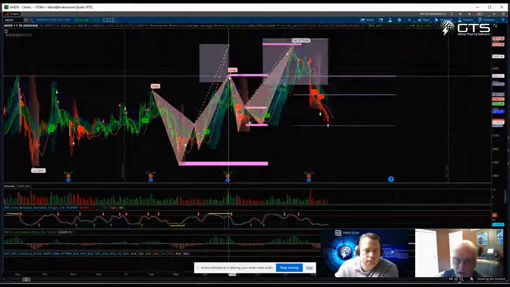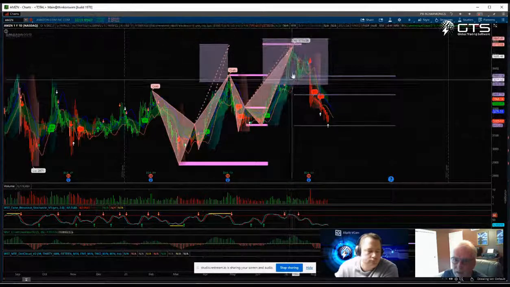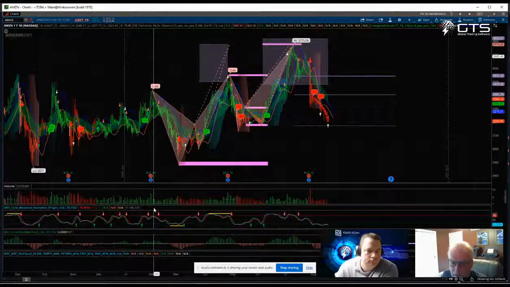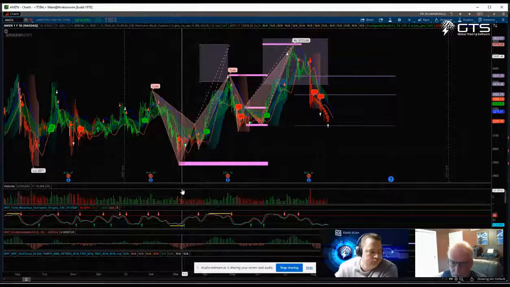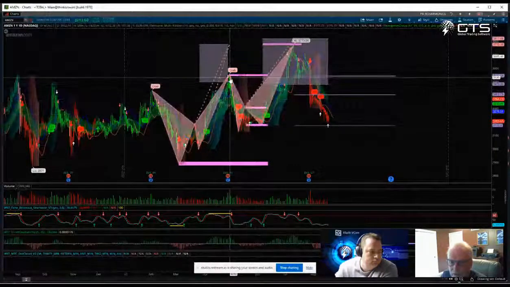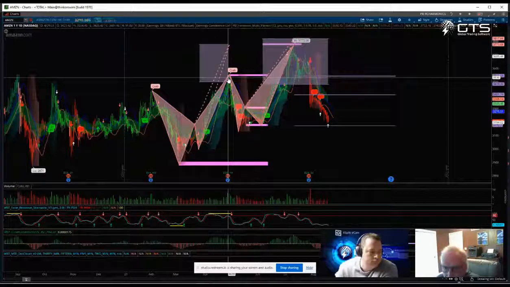You have a crab that is looking for it to be in this zone here. All of that is just bonus and gravy for my Elliott wave. So my Elliott wave is my starting point. But if these other patterns, the harmonics, the XBRAT, and the divergence cloud, all match up with what I'm saying, then I'm really all in on that trade, and we'll follow that up.